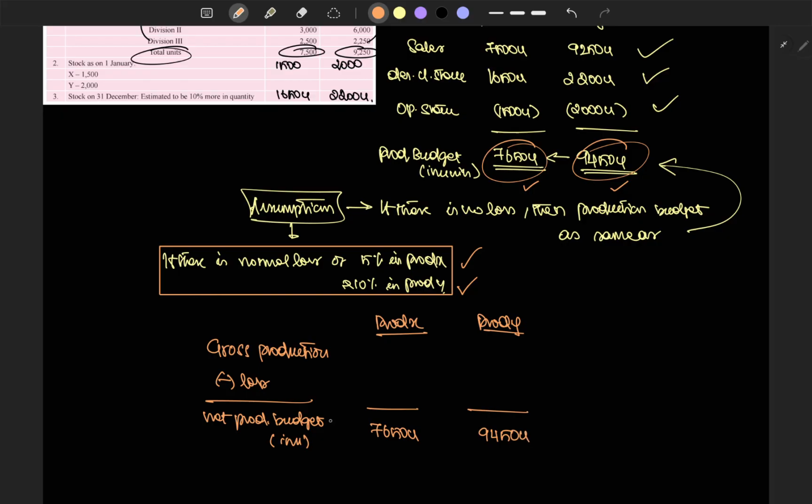This is 100, this is 95 percent, and this should be 5 percent. This is 90 percent, and this should be 10 percent. So if 7650 is 95 percent, then what could be 5 percent?